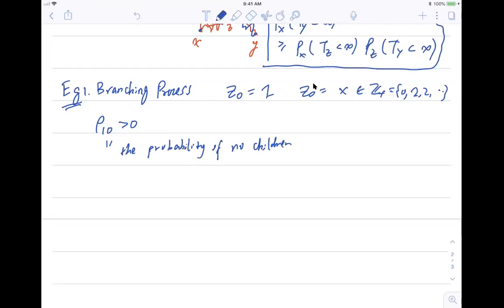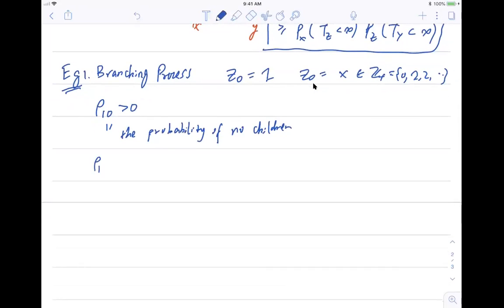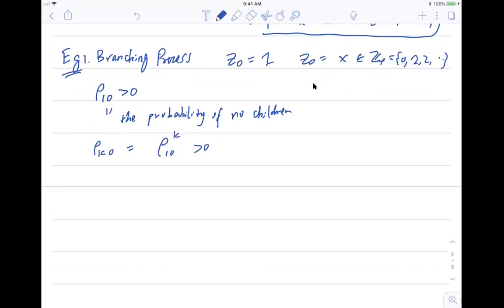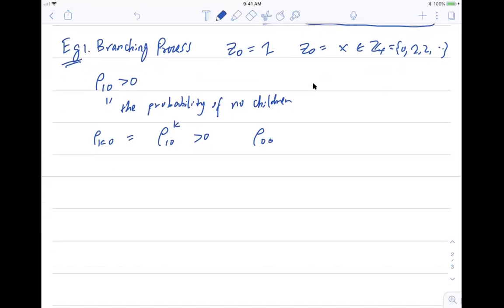So this is positive. And if you start from k individuals, by independence you take the multiplication, and this is also positive. But if you start from 0, you always stay at 0, because the branching dies out. So this is 1, and starting from 0, the probability of reaching k is always 0 for k equals 1, 2, etc.